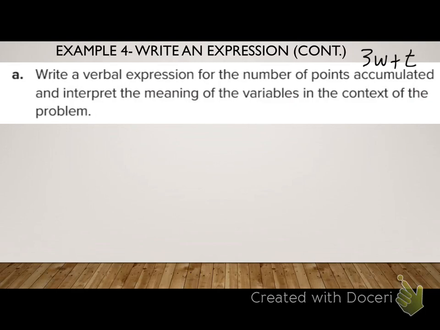So let's substitute the variables for what the variables are representing in our verbal expression. Okay? So what is W representing? Wins. And what's T representing? Ties. So let's reword that.